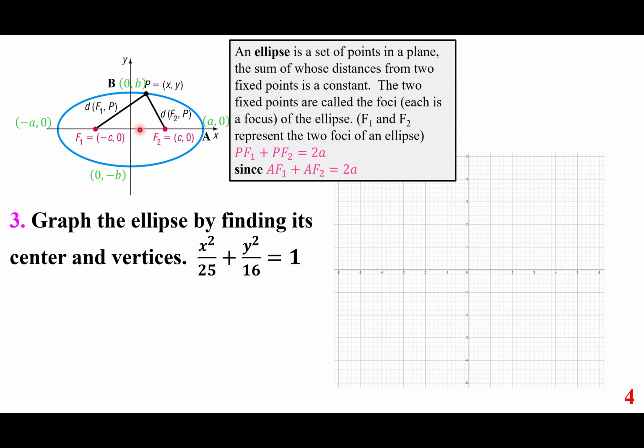Why is that? Because if you look at this point, any point will do the job, right? If you pick this point, this distance is AF1 plus AF2, and AF2, this distance, is the same as this distance.